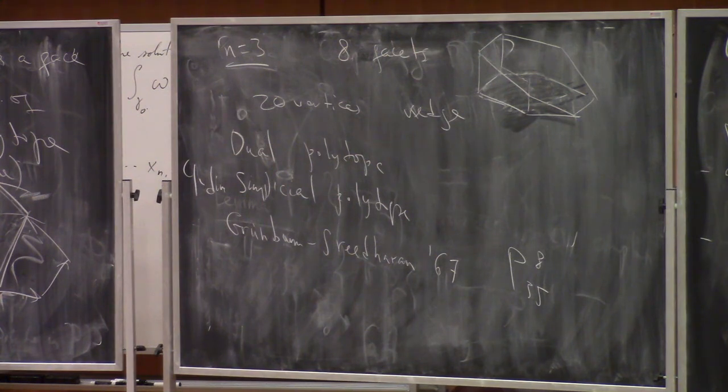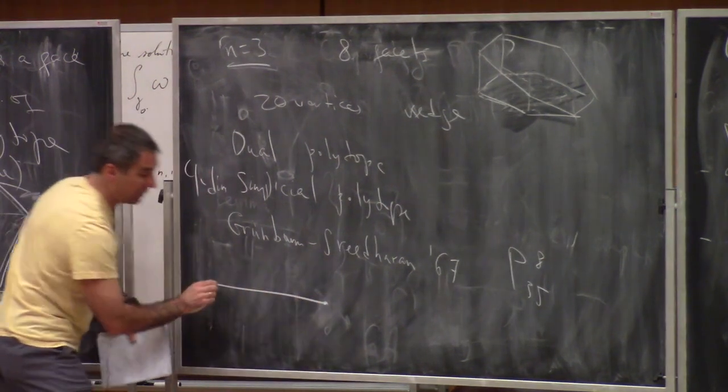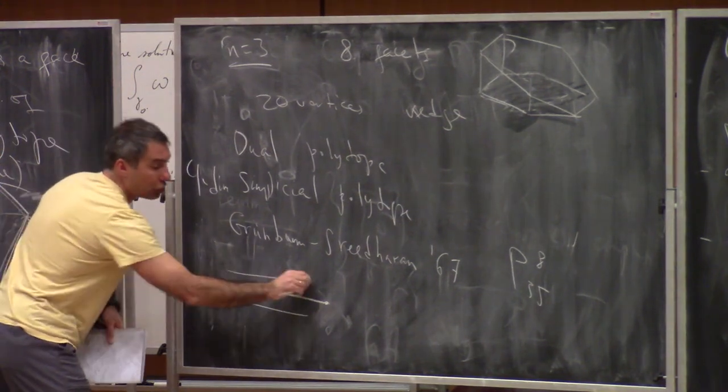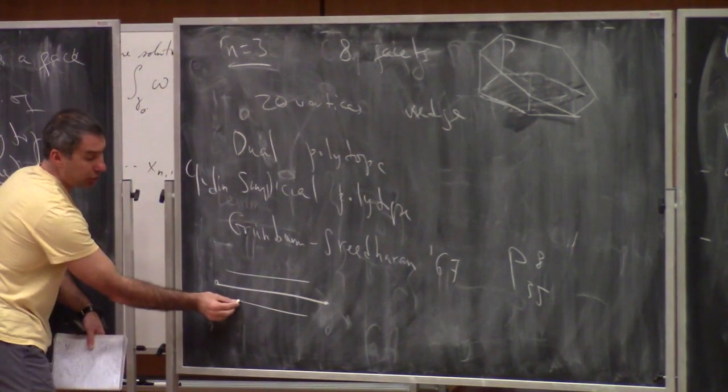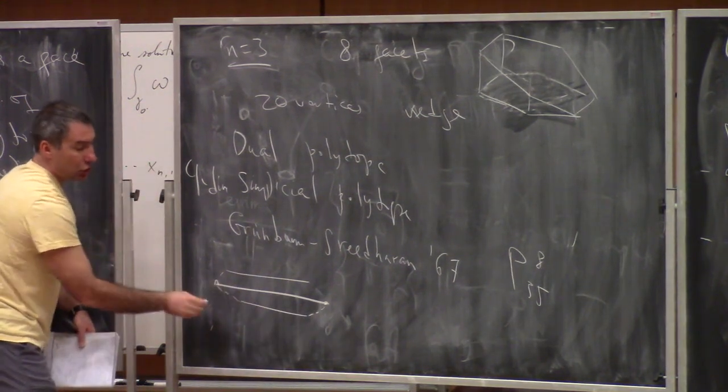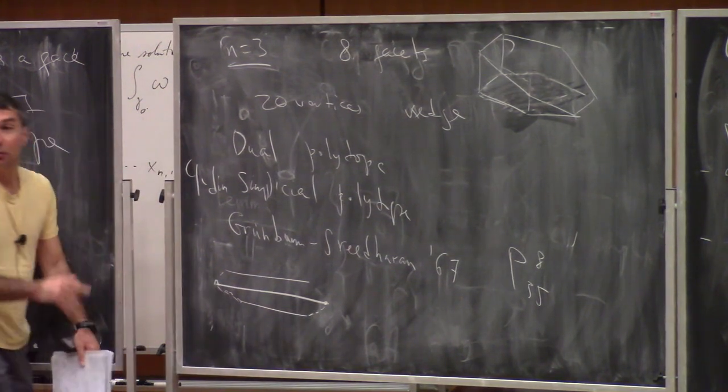So this is a ball here. And then the thing is to show this is actually a closed ball. This is what makes it difficult. So why is it a closed ball? Again, near the vertex, you just look at the coordinates. The coordinates are very easy to find. If you have a vertex, so this is a very long diagonal, and then somewhere you have a non-zero edge and another non-zero edge, and your coordinates are just the relative lengths of the other edges and the angles between those edges.